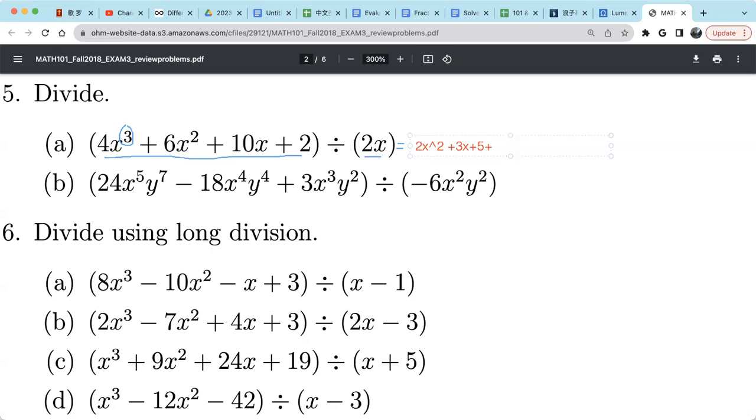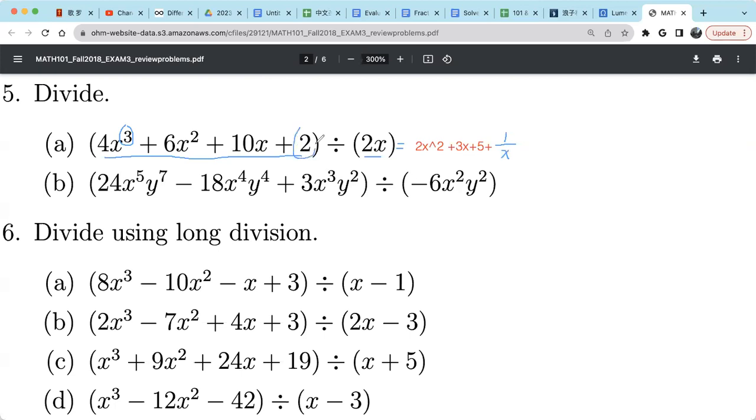Then I have 2 divided by 2x. So this one is a little bit tricky. Let me write it with a pencil. I cannot type. So 2 divided by 2, that's 1. But we still have an x in the denominator, right?